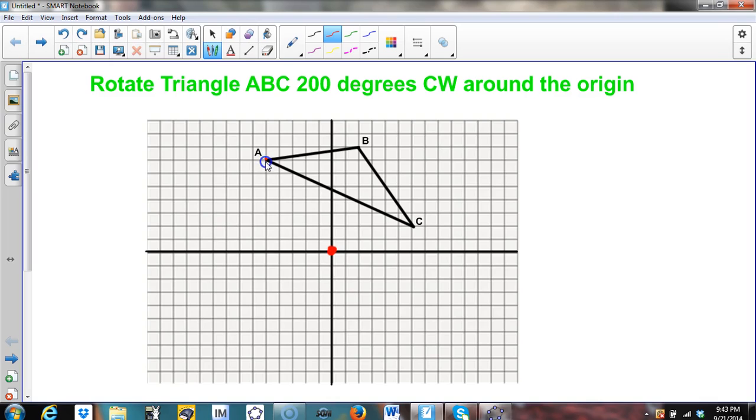When we have a triangle, all that we really have to take a look at are key points, and the key points are these vertices A, B, and C, right? If I rotate each point, since distance is preserved, A when I rotate it 200 degrees is going to be the same distance, B is going to be the same, C is going to be the same distance from the center of rotation.